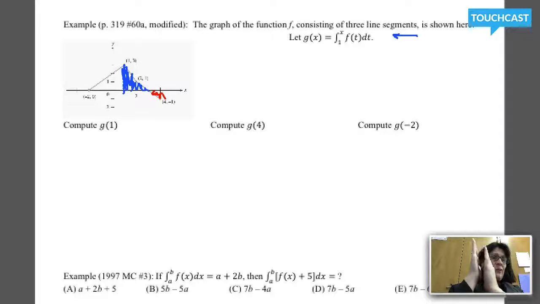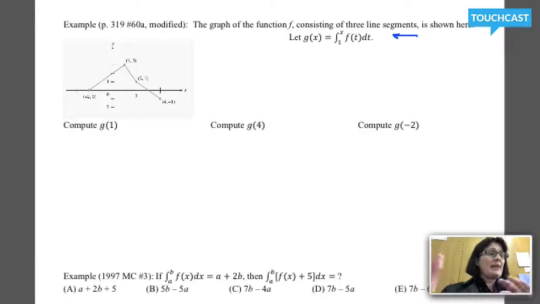So you can see I accumulate more and more area, until I hit this x value of 3. Is it 3? Right, and then if my x becomes bigger and bigger, I start to lose area because I have negative areas on the interval from x equals 3 to x equals 4.